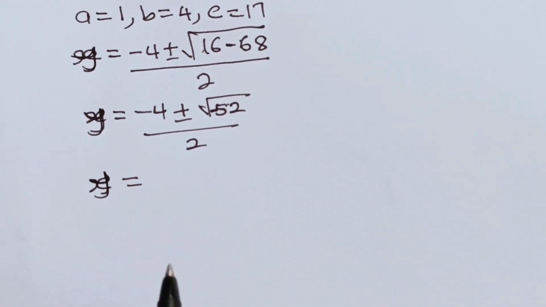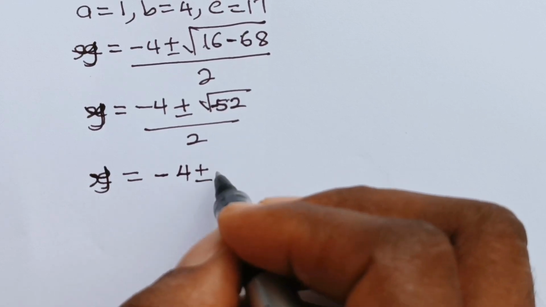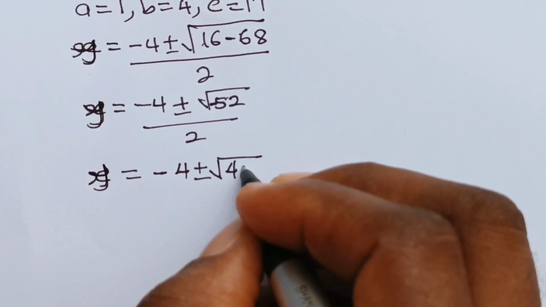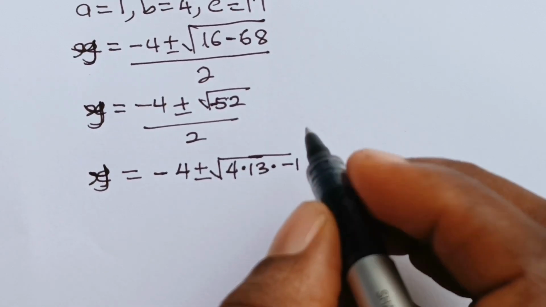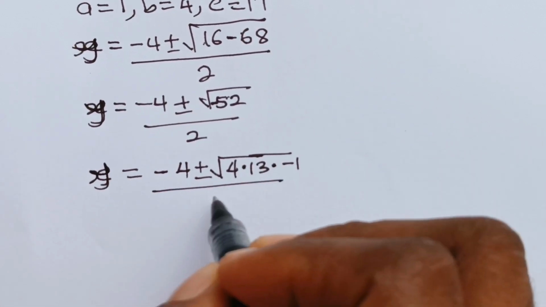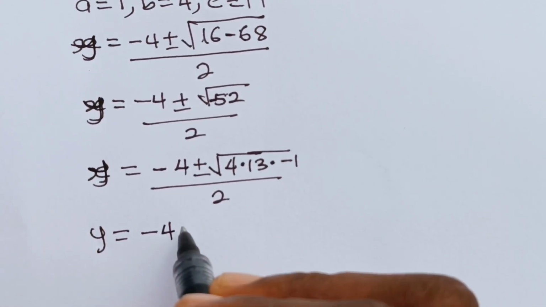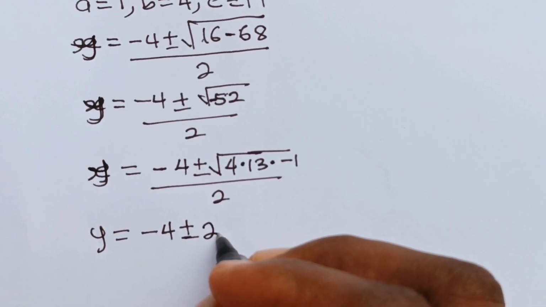Now y is equal to minus 4 plus or minus the square root of, now this is the same thing as 4 times 13 times minus 1. Yes, because we have a negative sign here, divided by 2. Now we have y is equal to minus 4 plus or minus the square root of 4, which will give us 2.